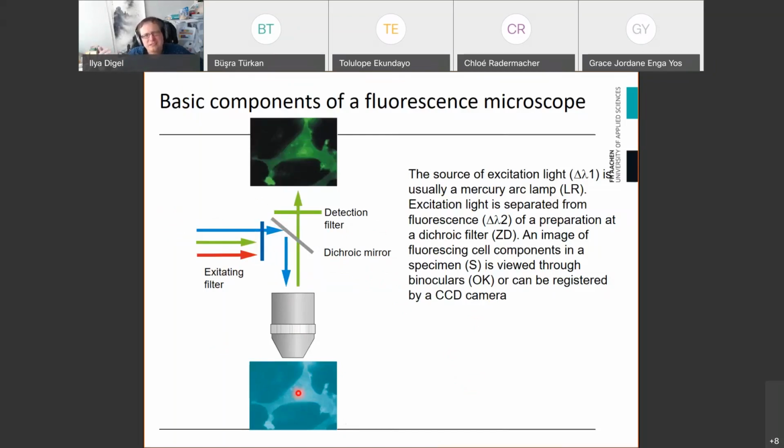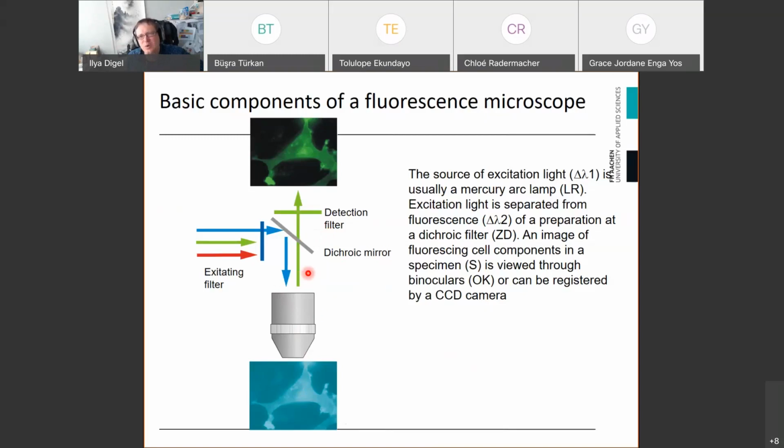A couple of nanoseconds later, shifted due to the Stokes shift, the light will be emitted by the system, and will again be collected by your optical system and goes backwards.